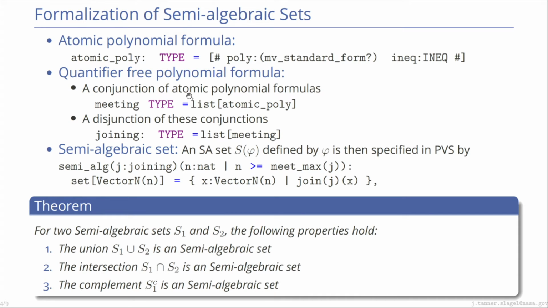So a conjunction of atomic polynomial formulas is called a meeting, it's a list, and a disjunction of those conjunctions is a joining, and it is a list of meetings. Once you have a quantifier-free polynomial formula, you can define a semi-algebraic set as nothing more than the set of vectors that satisfy the quantifier-free polynomial formula.